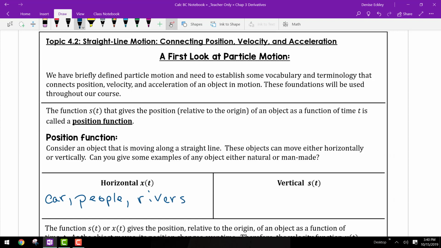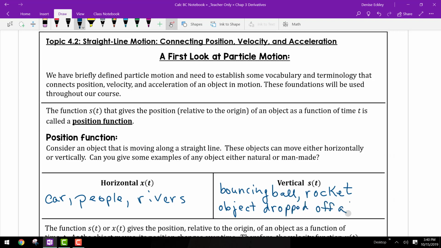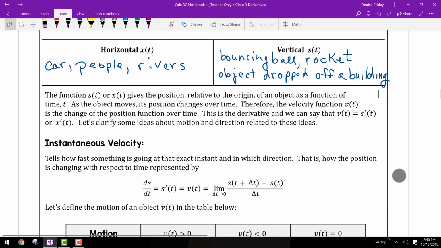Things that move vertically are such as a bouncing ball, a rocket, something dropped, so an object dropped off a building, because it's affected by gravity. So those are some things we think about.